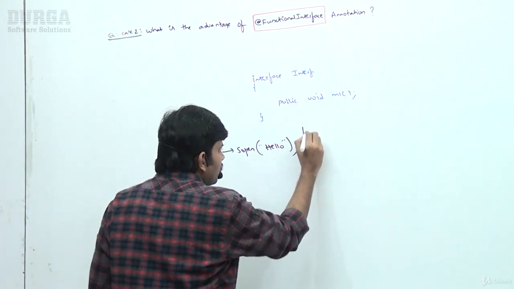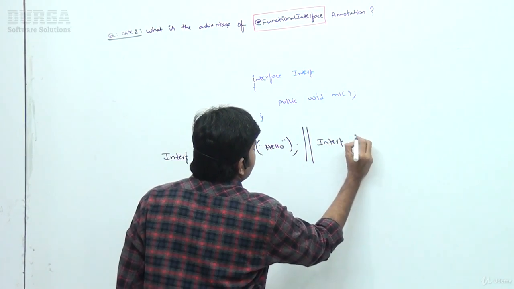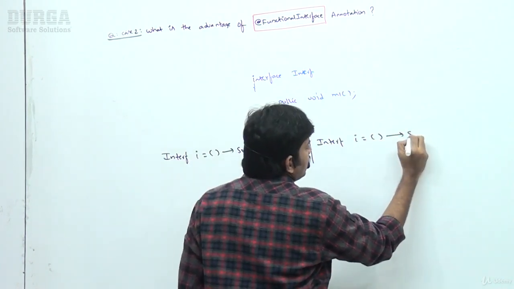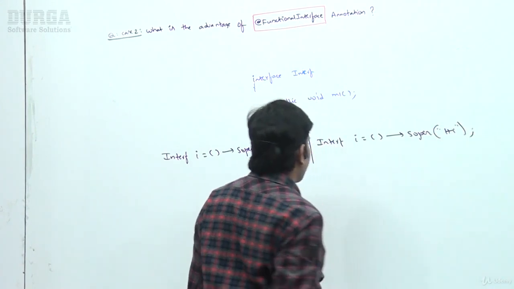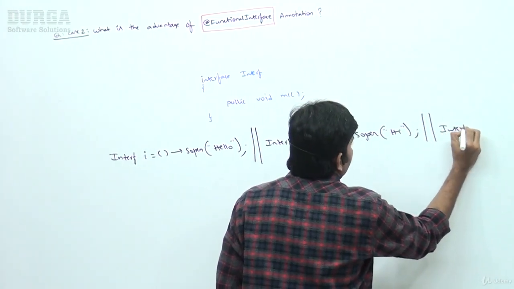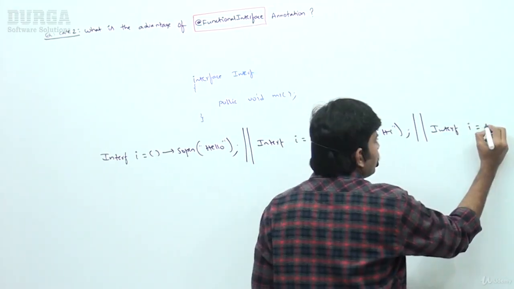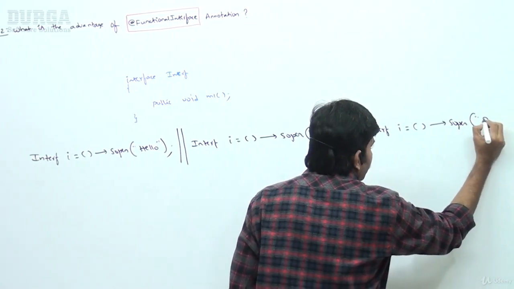Some people provided implementation as System.out.println hi. Some provided System.out.println lambda.